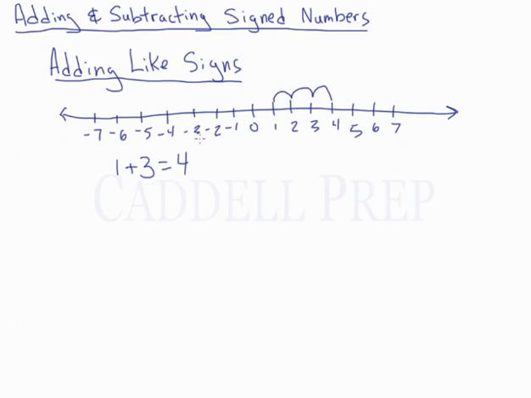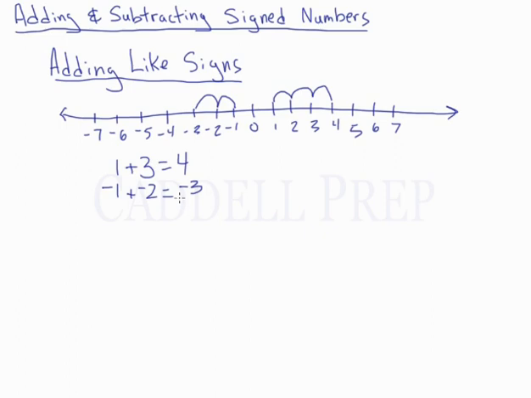That should make sense. Let's look at what happens when we add negative numbers together. So negative 1 plus negative 2. Okay, we start at negative 1 and we'll add negative 2. So that's if we add negative 1. If we add negative 2, we'll end up here.